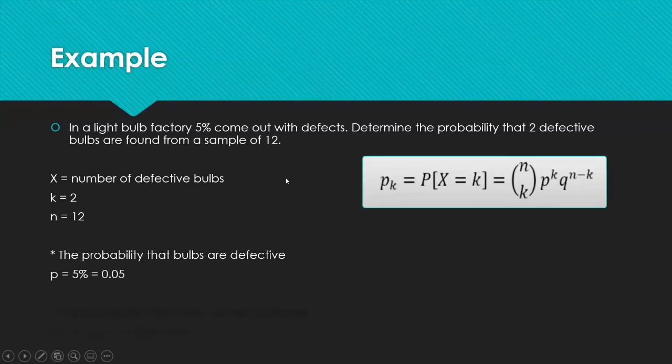Then we have to find q, which is the probability that failure occurs. This means the probability that bulbs are not defective. We can solve it with the formula, which is 1 minus p, and we get the results.